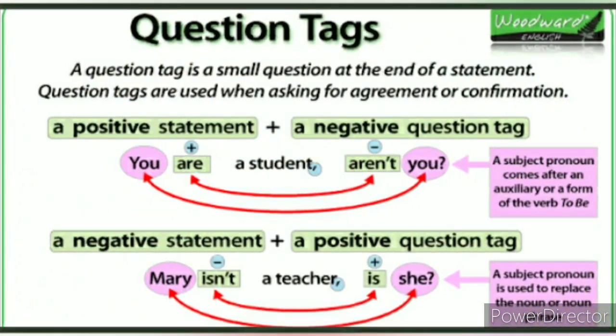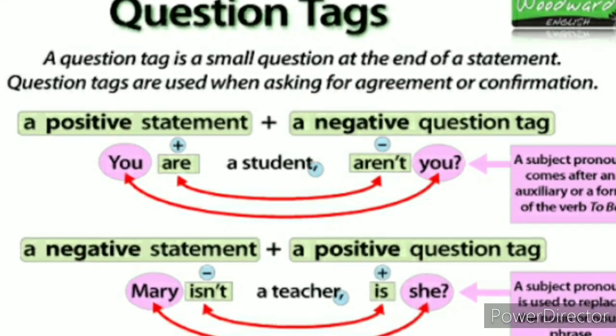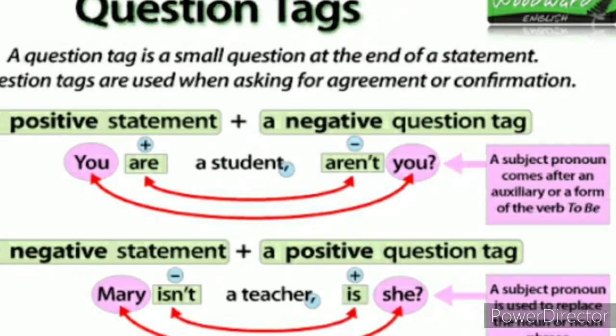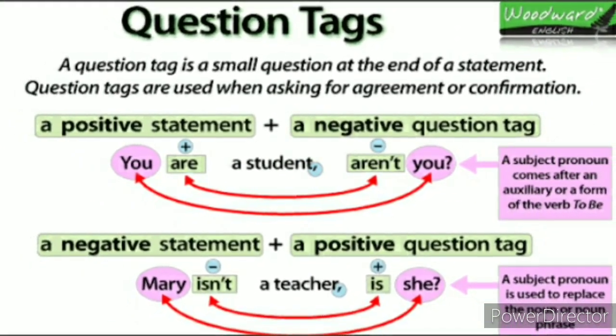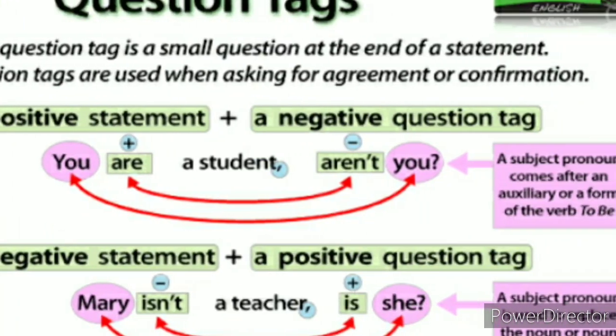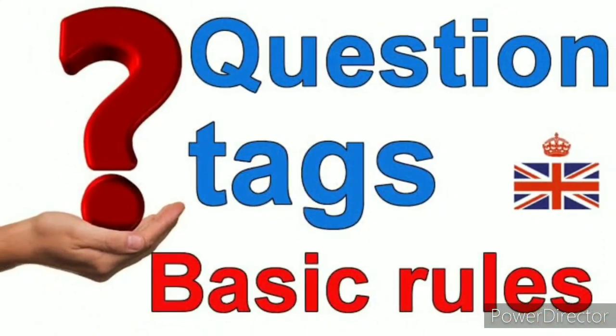So while framing question tag, you need to see the pattern in the statement. The subject of the statement should match the subject or the personal pronoun in the question tag, and the auxiliary verbs in the statement as well as in the question tag should be same. Now children, you also have to follow some basic rules in question tags.